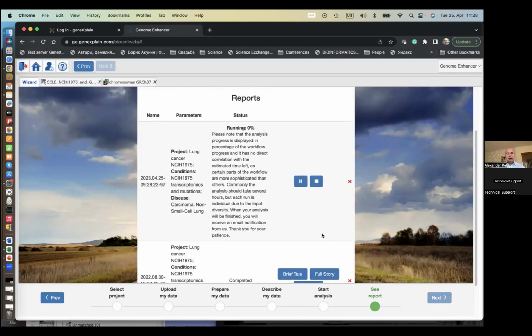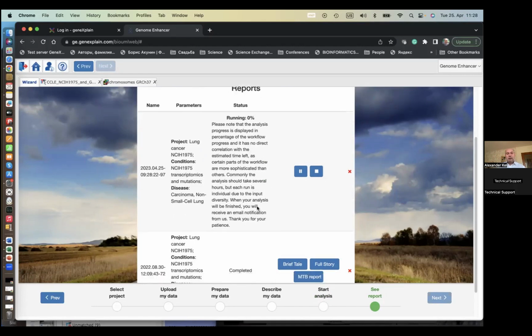So it will proceed with analysis. It takes maybe several hours, 2-3 hours, and pretty long because it has inside many complicated algorithms, also including this genetic algorithm, which takes time to optimize the information. So we will not wait for this long.